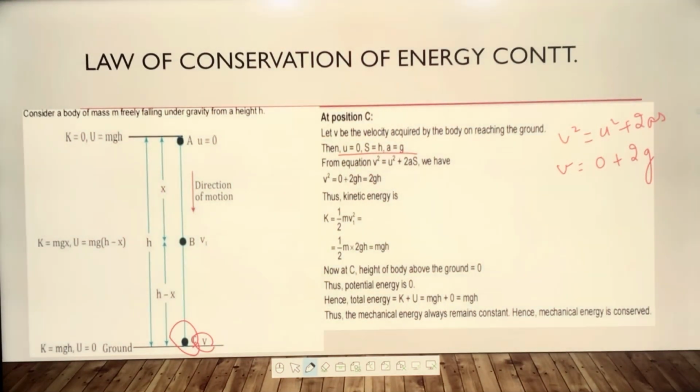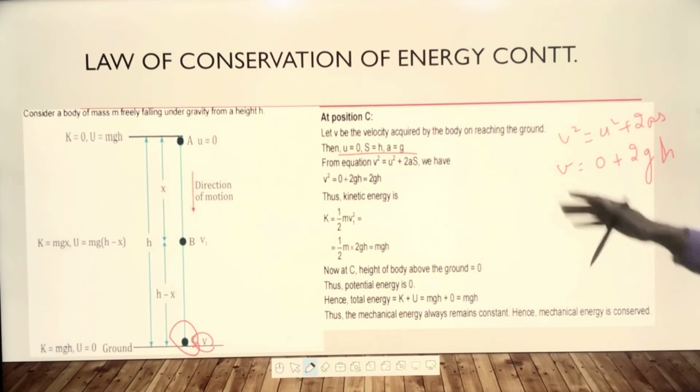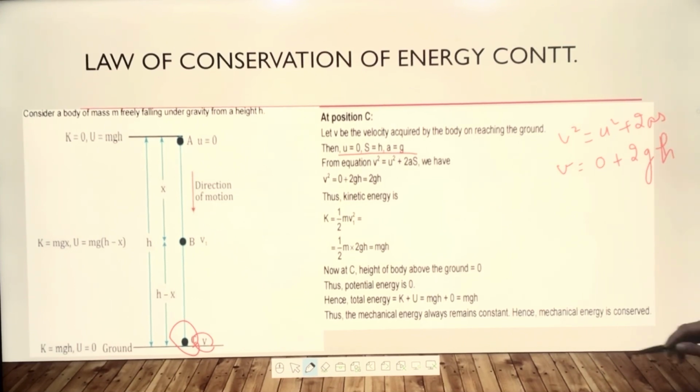And s is the total height, because it has covered the whole distance from point A, passing point B, and then reached point C. So we will take distance s as h. The value of v square will be equivalent to 2gh.